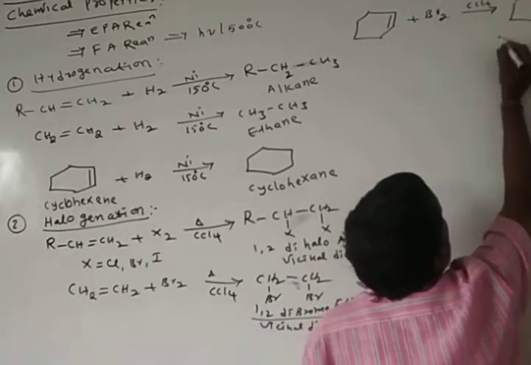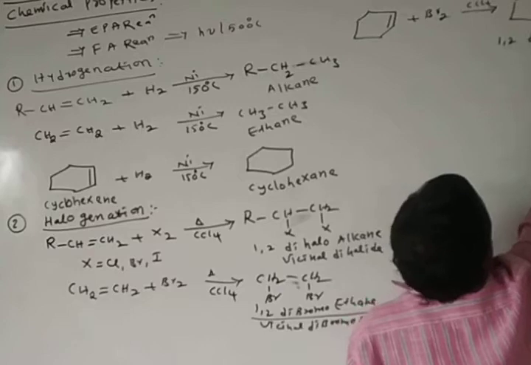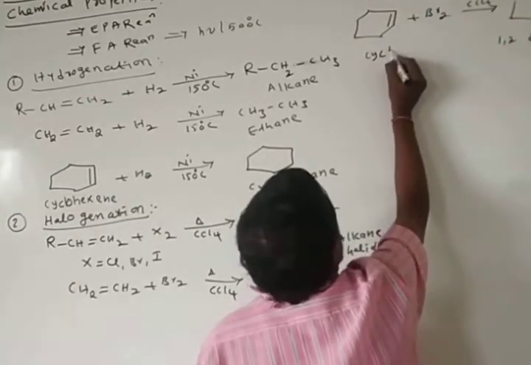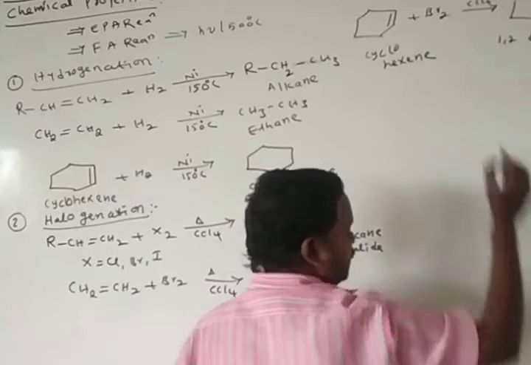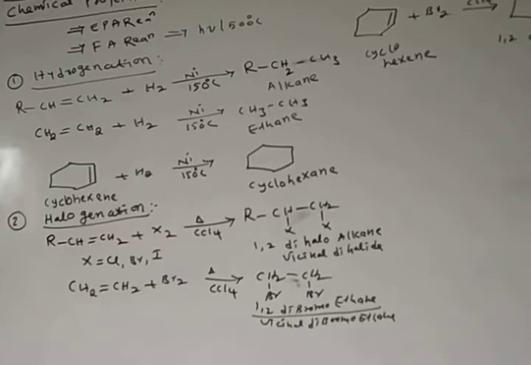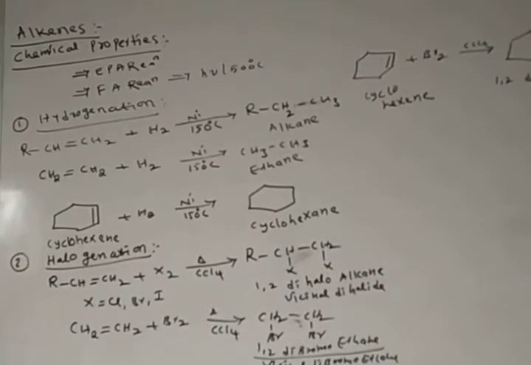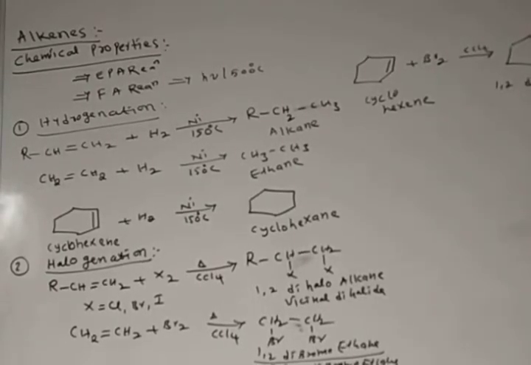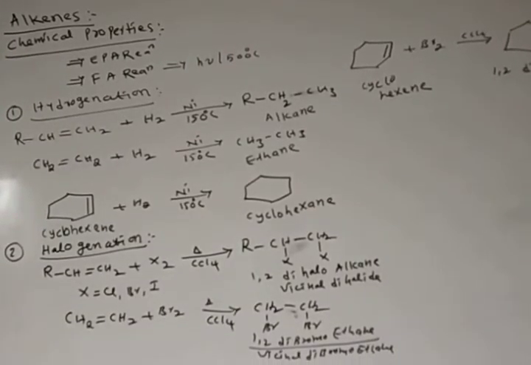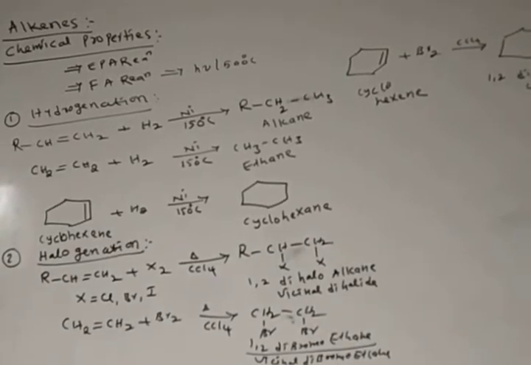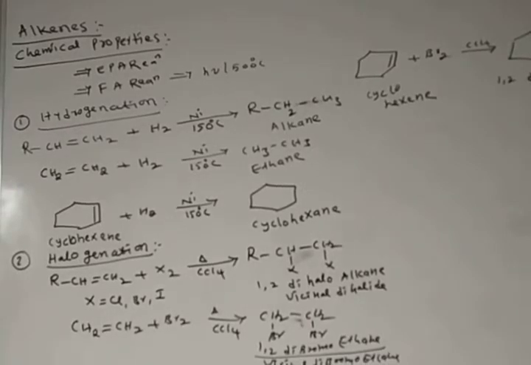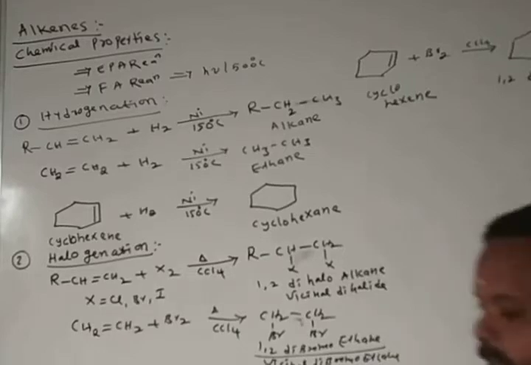We will get 1,2-dibromocyclohexane. Next, in continuation we will see some more chemical properties.